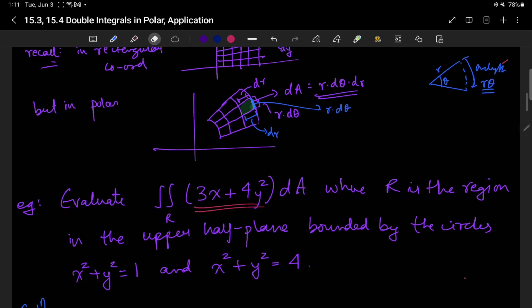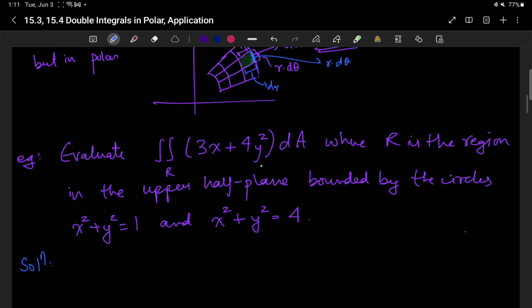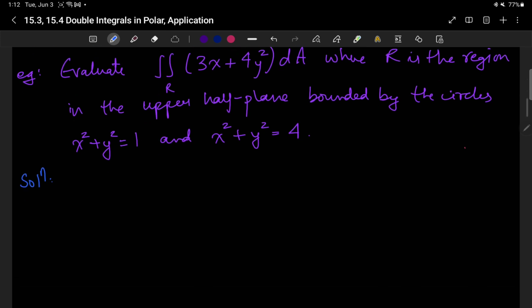Let's look at an example in order to understand what's really going on. Evaluate this double integral where R is the region in the upper half plane bounded by the circles x squared plus y squared equals 1 and x squared plus y squared equals 4. So now we don't have a rectangular region, right?